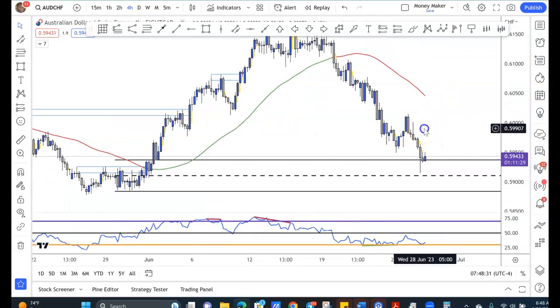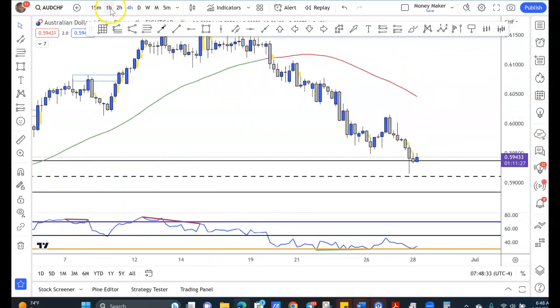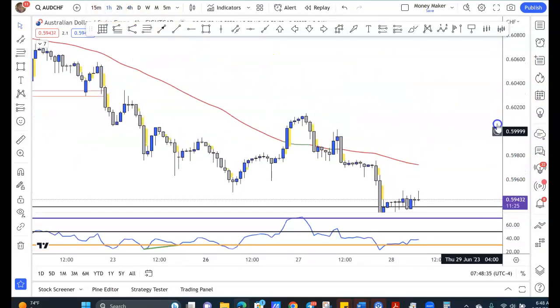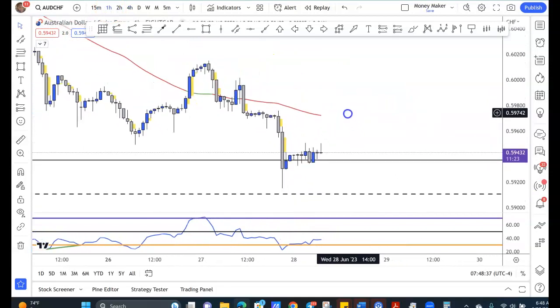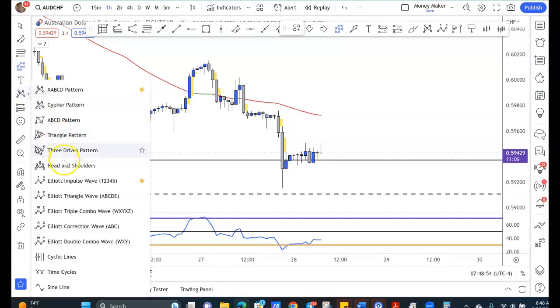Once I get the 4 hour confirmation, I go down to the 1 hour for my 1 hour entry. What I'm looking for is a change in character or change in direction, or whatever you want to call it, a reversal pattern, a head and shoulder. Honestly, if you stick with the inverted head and shoulder pattern, you will more than likely win the trade and be in it at a decent time.